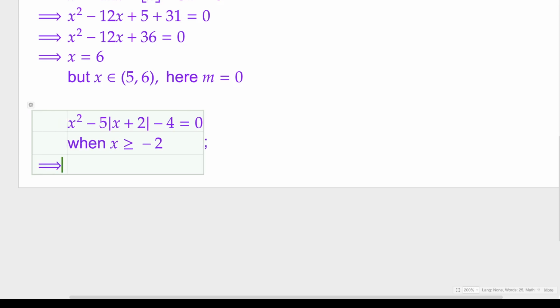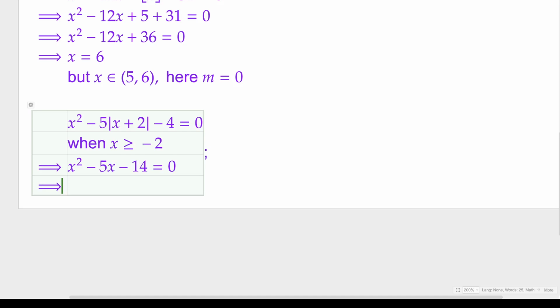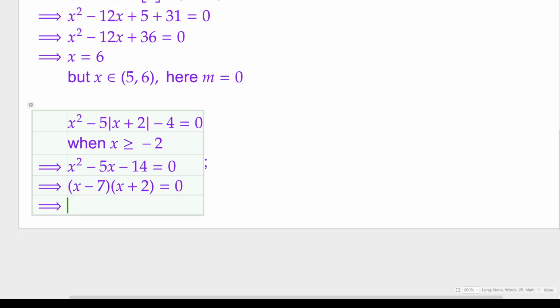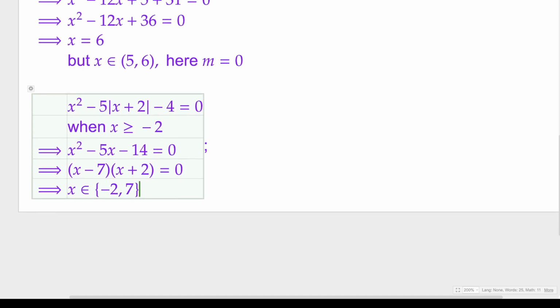So proceeding with this condition, x square minus 5x minus 14 is equal to 0, which can be written as (x minus 7)(x plus 2) equal to 0. That means the acceptable values for x are negative 2, because the condition says x is greater than or equal to negative 2, and 7 definitely satisfies this as well. So these are the acceptable values for x.